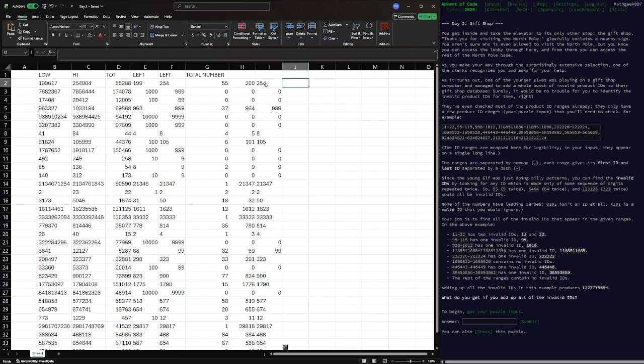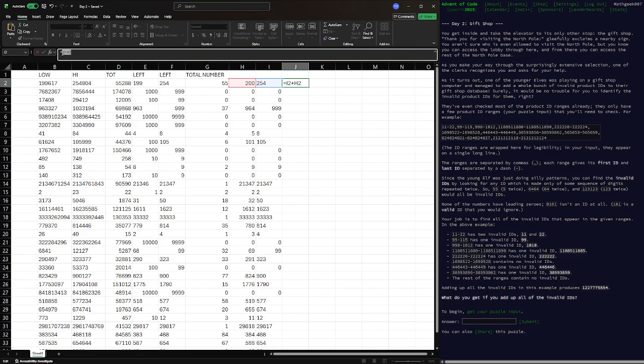So, and we can add up all of these together. Oh, this is so difficult. We got to do equals this plus this divided by 2 times this.